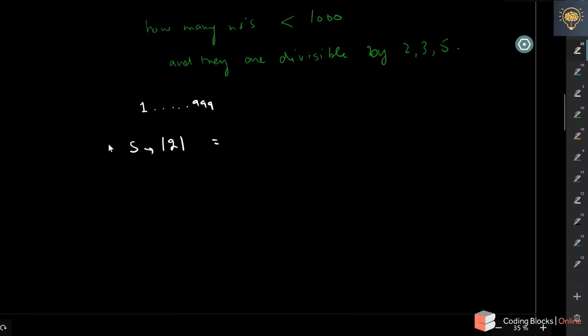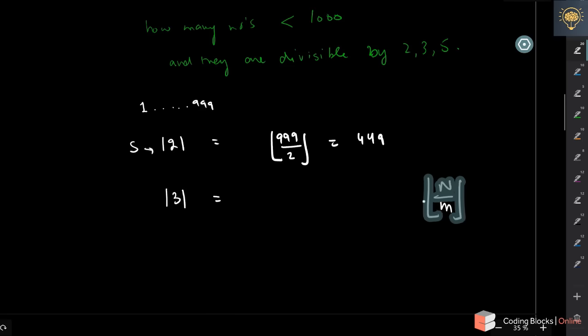So this would be given by 999 divided by 2 and you take a lower bound. This comes out to be 499 numbers. Similarly I need to find out the number of numbers which are divisible by 3. If you have a number n and you want to find the number of numbers which are divisible by m below n, it is given by the floor of this value.